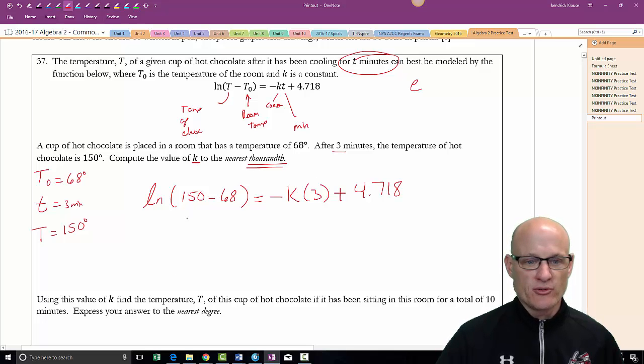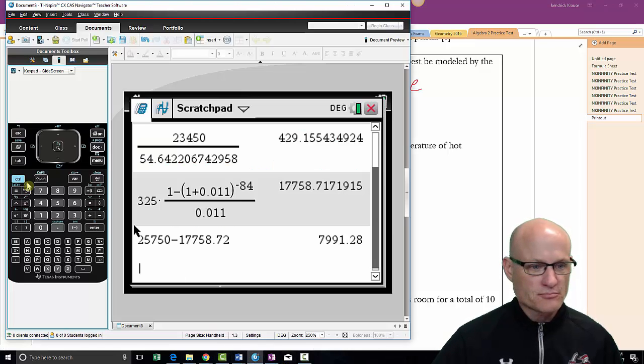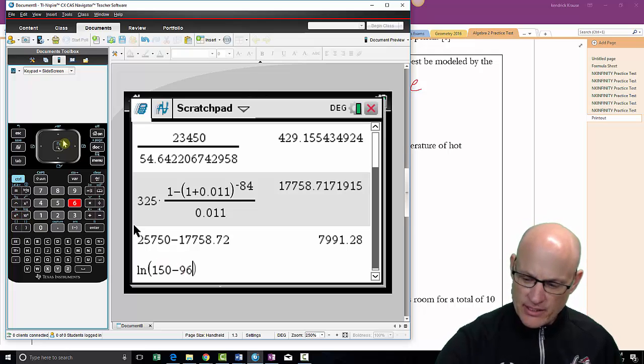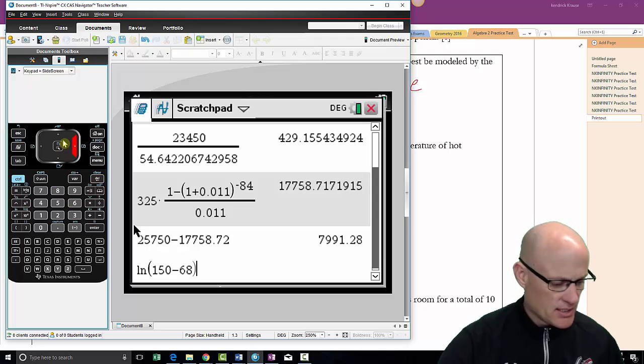So the first thing I'm going to do is bring this 4.718 over and minus 4.718. But I'm going to do this work in my calculator. So the natural log of 150 minus 68, and then it's minus 4.718.